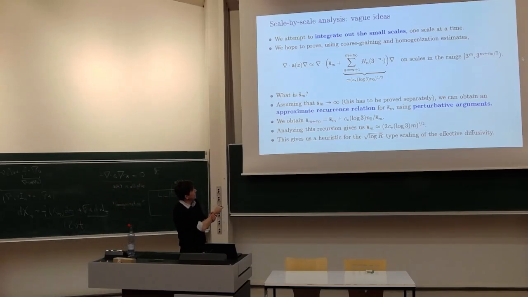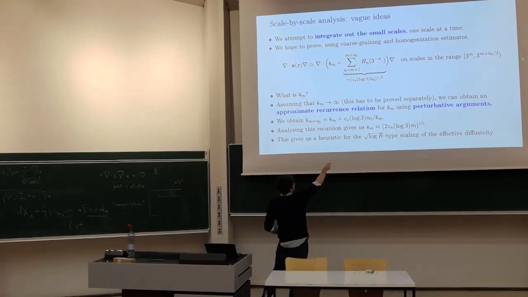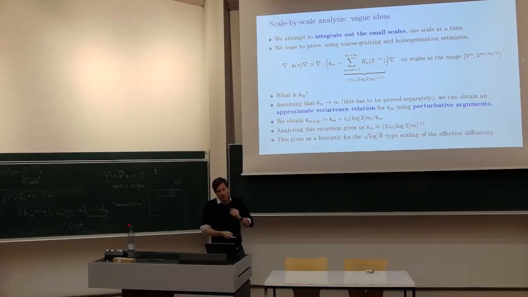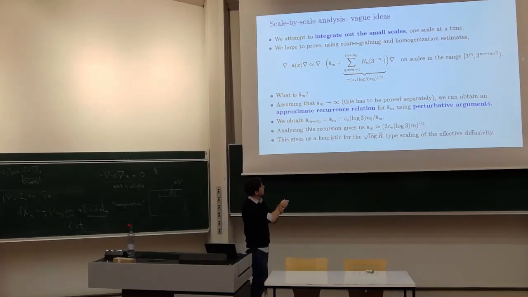And you can in like half a page just compute this, and you get that S bar m plus n naught should be S bar m plus something here, plus a constant. And the constant is really some special constant which has to do with what this thing is doing, times log 3. I just normalize the constant by log 3 because the scales are powers of 3.